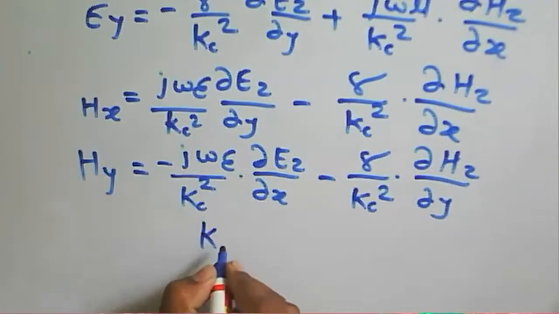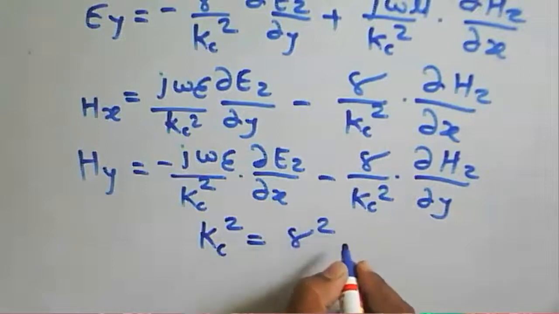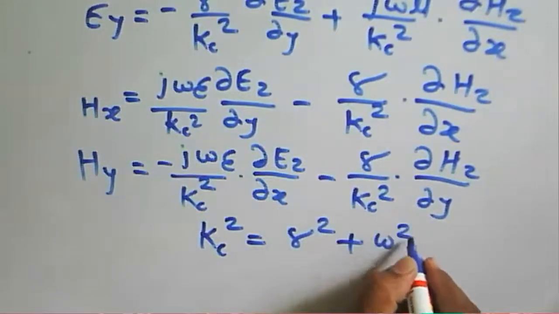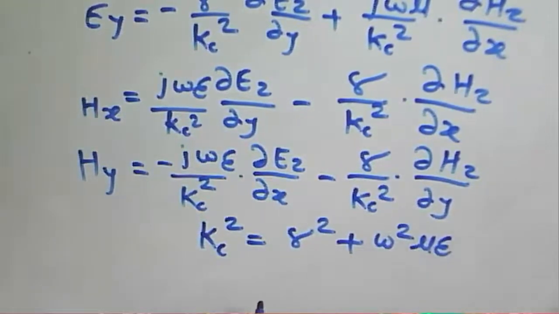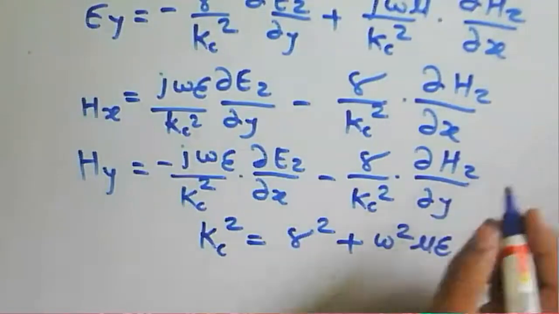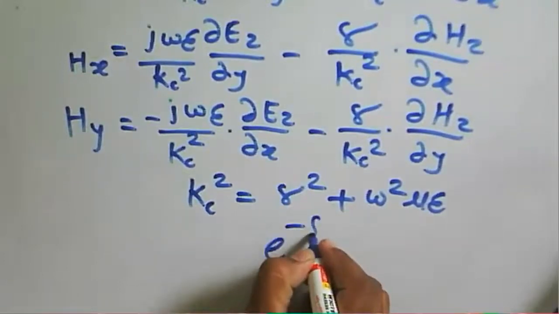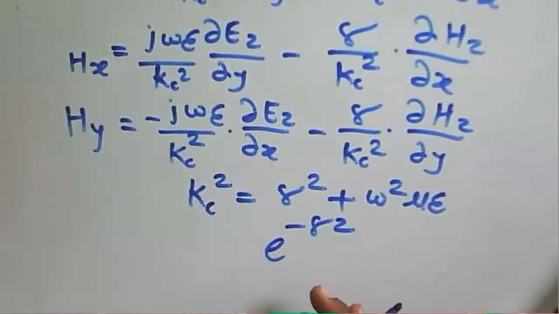And this kc square is equal to gamma square plus omega square mu epsilon, because we say that the wave is propagating in the z direction. So earlier in our wave equation, we said e raised to minus gamma z is about a forward wave.